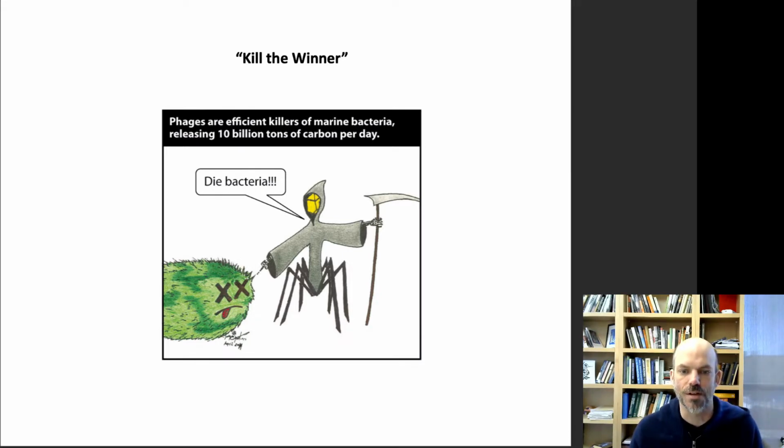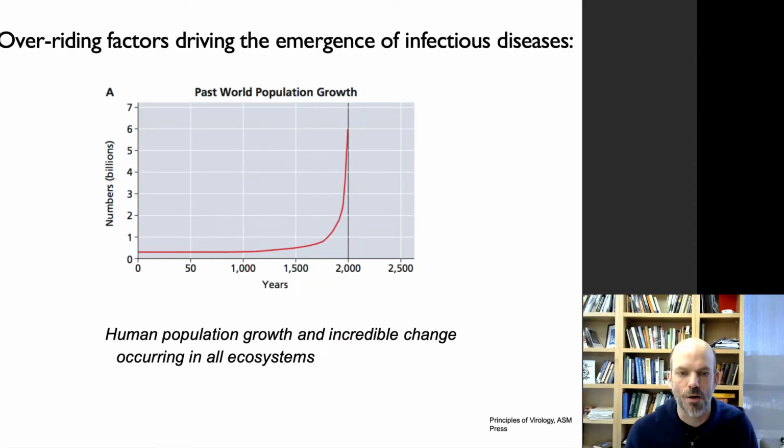And in that way, viruses can have a beneficial impact overall on ecosystems. And right now, humans are the winners, and therefore humans are being killed by viruses. We are more and more likely to suffer massive viral infections the more of us we are, especially living in dense population clusters in cities.